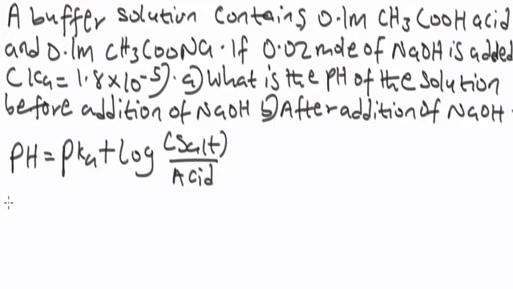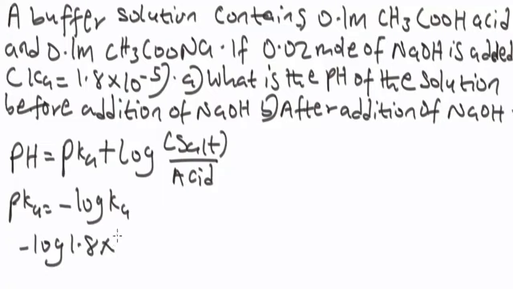Where pKa is the negative log of Ka, we are given Ka to be 1.8 times 10 to the power minus 5. So it is negative log of 1.8 times 10 to the power minus 5. Let me punch it into my calculator. We have 4.74 to two decimal places.